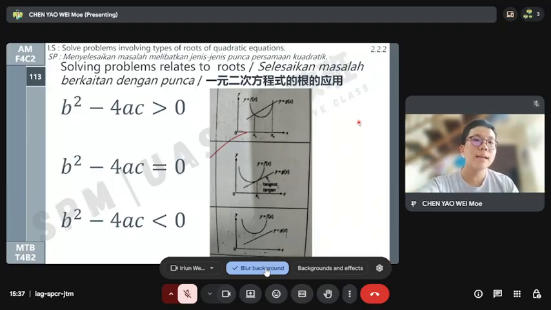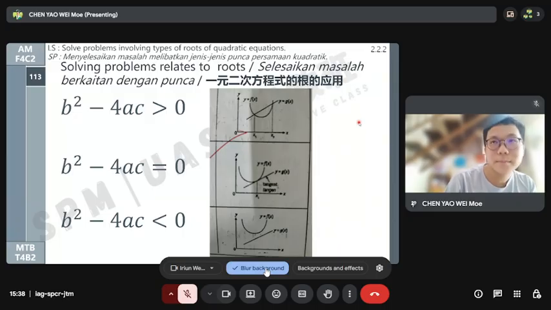If the curve does not intersect with the straight line, we can say that b squared minus 4ac is smaller than 0. Why? Because there are no roots, and x can't be determined. Okay?